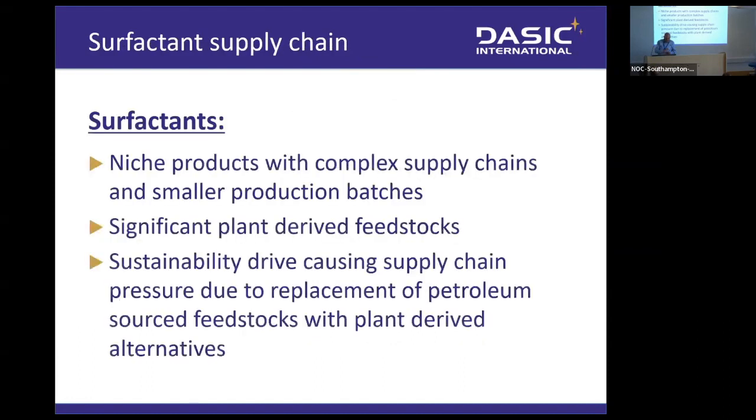Now, surfactants are niche products. They have very complex supply chains involving multiple stages. The ones used in dispersants tend to have significant plant biological origin. And modern sustainability drives are now starting to put pressure on the supply of these biological ingredients.